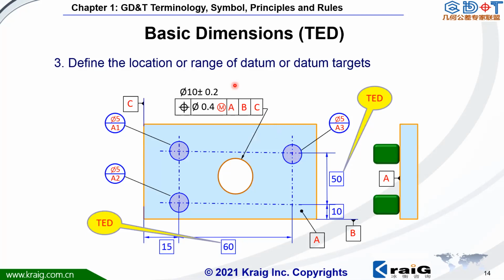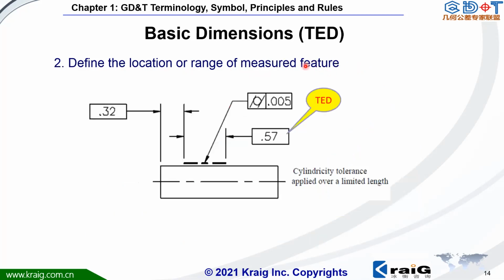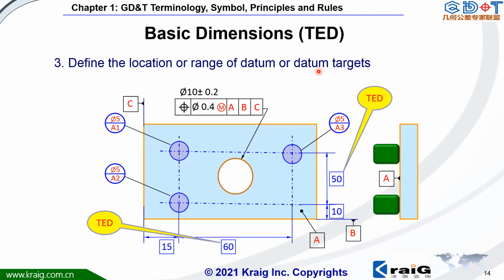Number three, TED can be used to define the location or range of datum and datum target. In the previous one, TED is used to define the tolerance feature. And here, TED is used to define the datum or datum target. Here is the datum target symbol, A1, A2, A3.